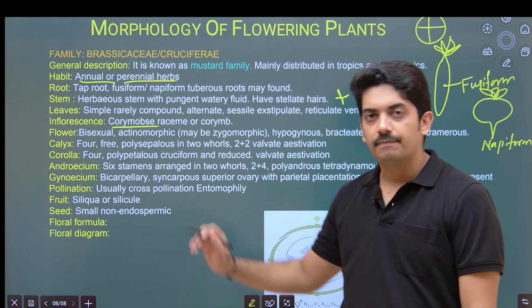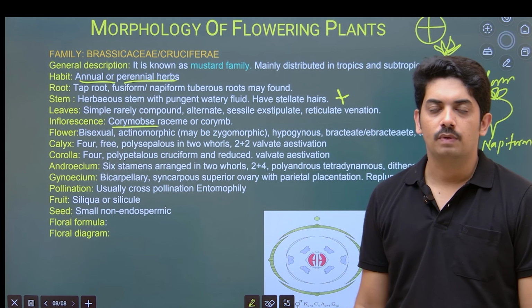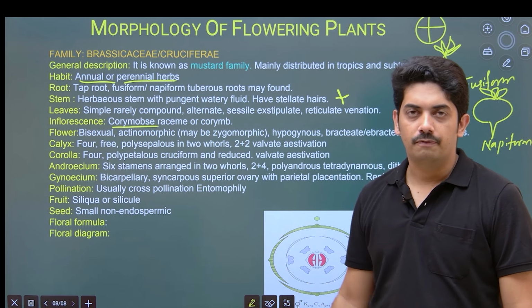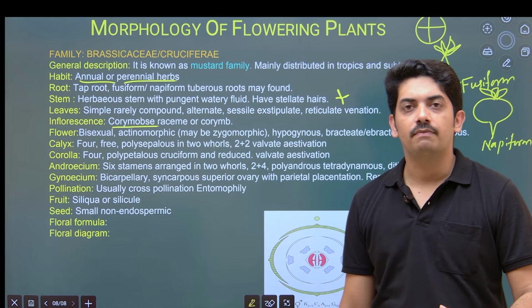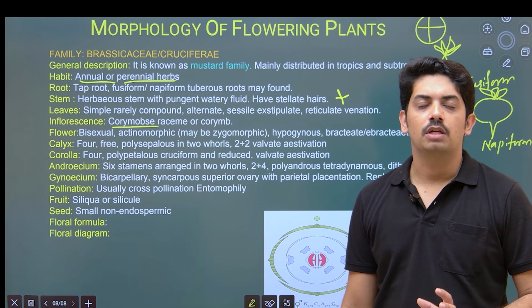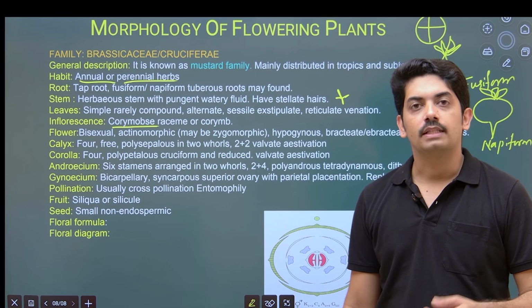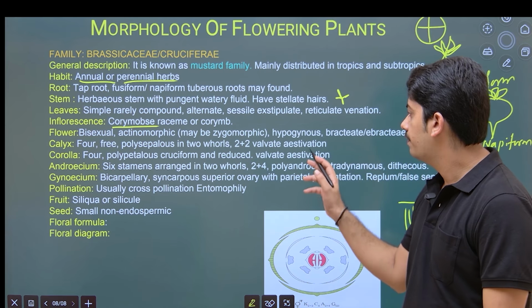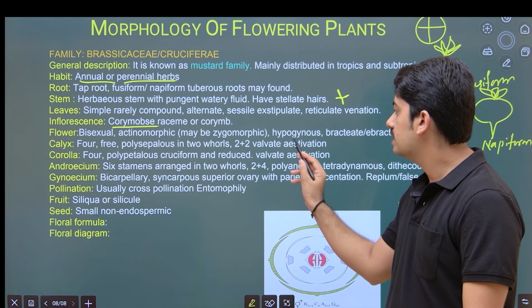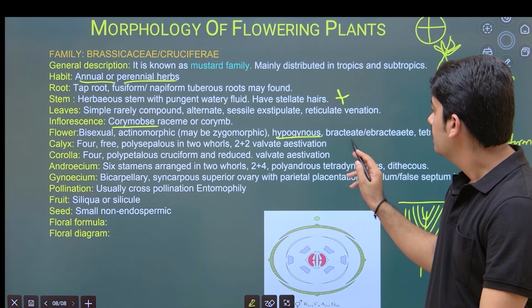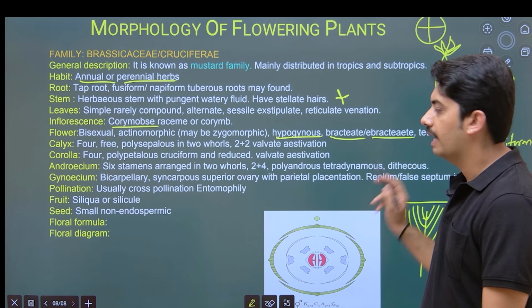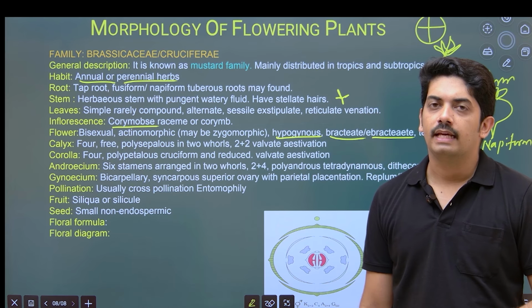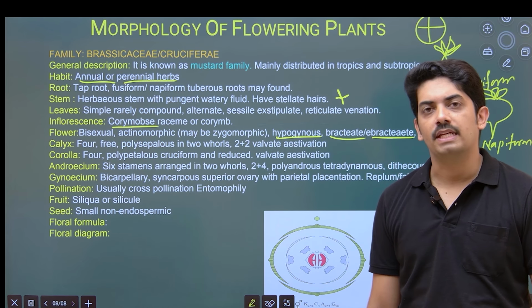Now coming to flower, flowers are bisexual, that means Androecium and Gynoecium both are present. Actinomorphic, that means if you cut the flower in any direction, you will get equal halves. In other words, we can say radial symmetry. Sometimes zygomorphic. Hypogynous, hypogynous means superior ovary. Bracteate or ebracteate, that means some of the members in this family have a small leaf-like structure at the base of the flower.